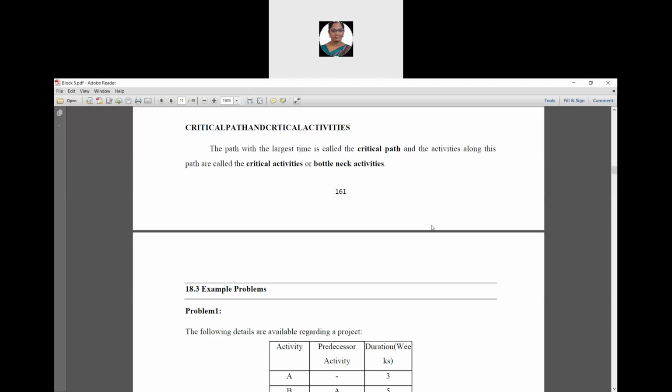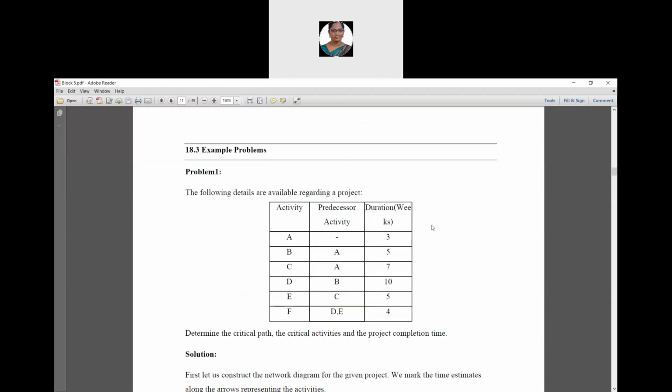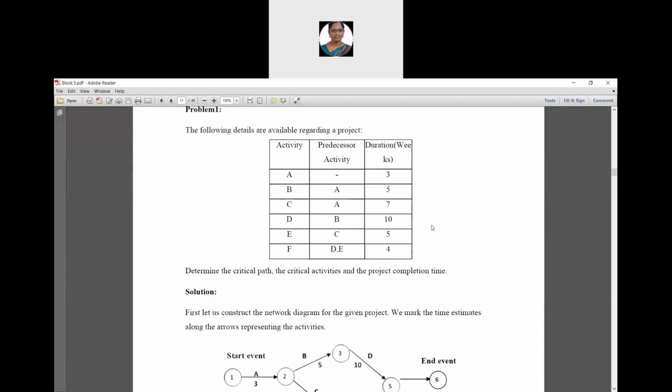Okay, then the next thing is example problems. First problem, see here: the following details are available regarding a project. We have to determine the critical path, the critical activities, and the project completion time using the given data.